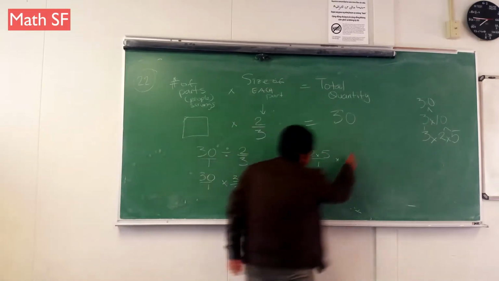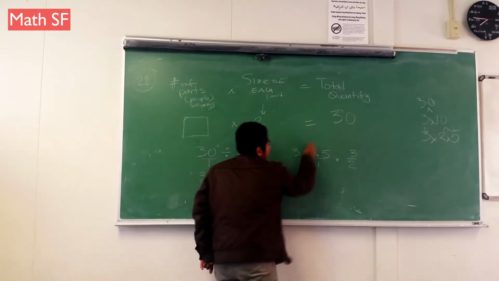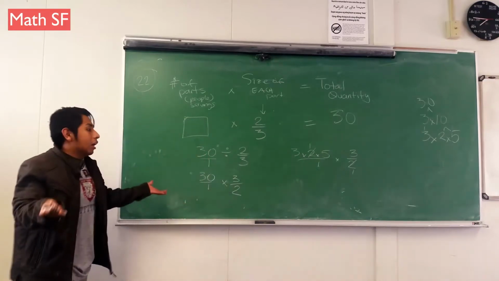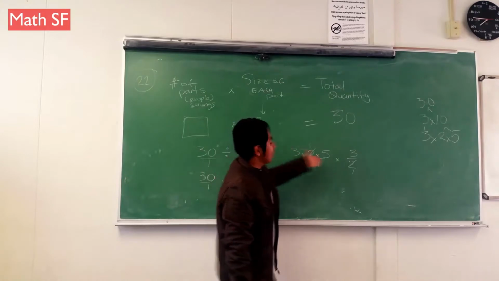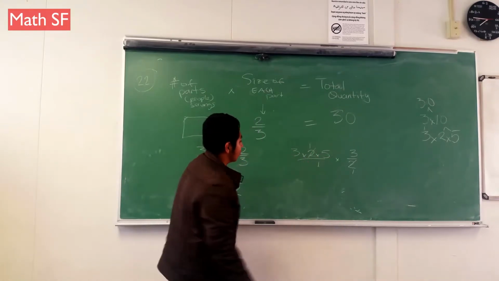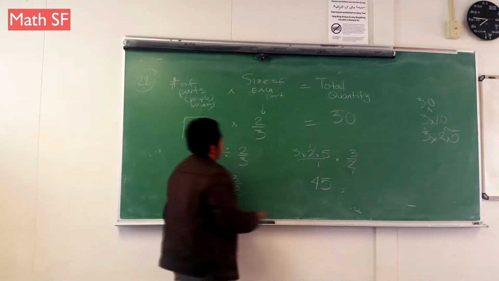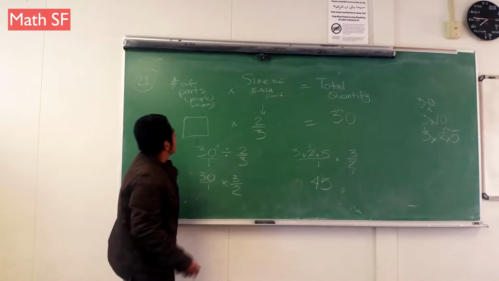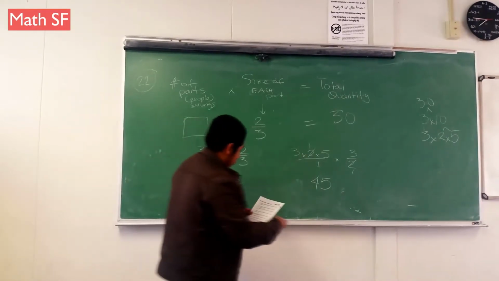Well, those are prime numbers. Let's see what we can cancel here. Only a pair of 2's. That's it. We can't cancel anything else. So let's just multiply it. So 3 times 5 is 15, times 3 is going to be 45. But 45 what? That will be the number of parts. So how many servings can we make? It's 45 servings.